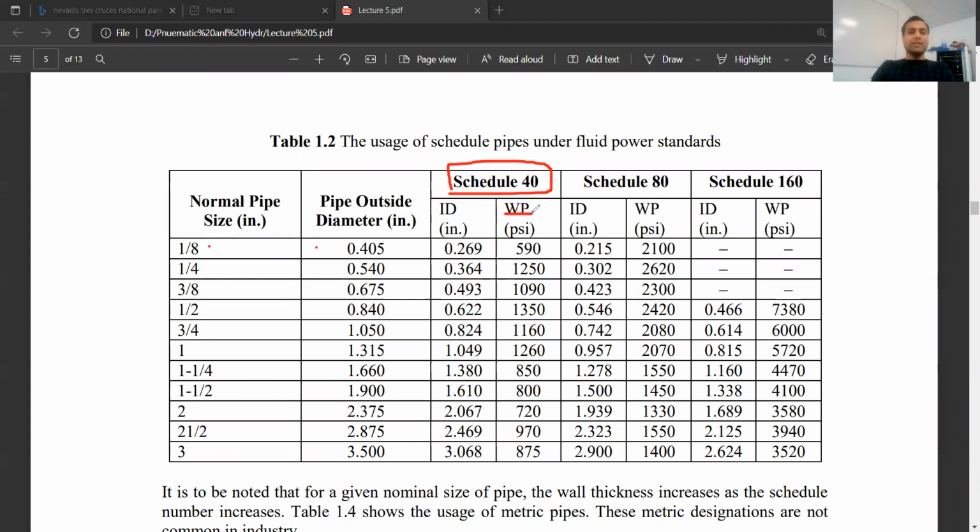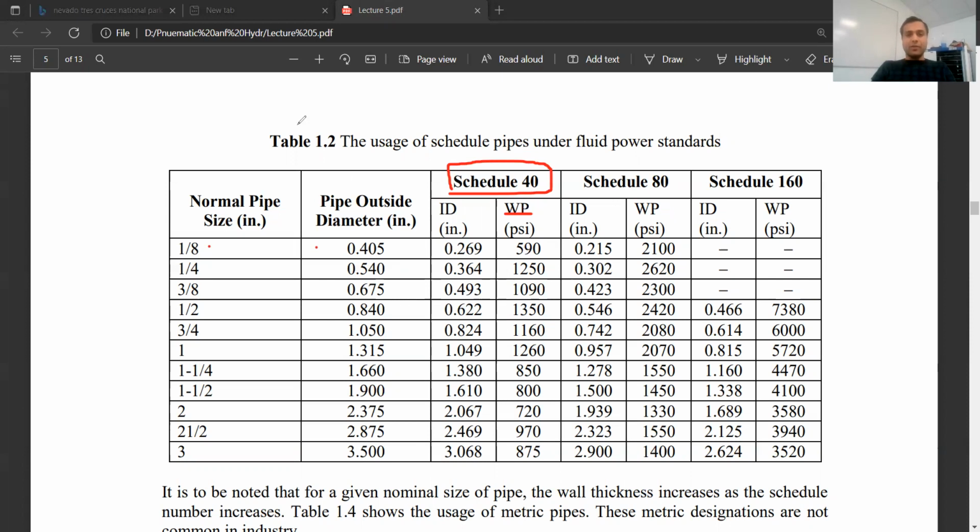That pressure is in PSI, so you can do the conversion. If you have a look, as the schedule number is increasing, the wall thickness is increasing as well. The wall thickness, which is the difference between the internal and the outer diameter divided by two, is increasing.